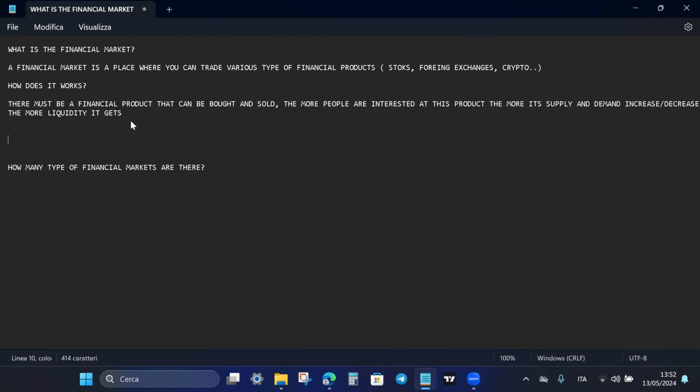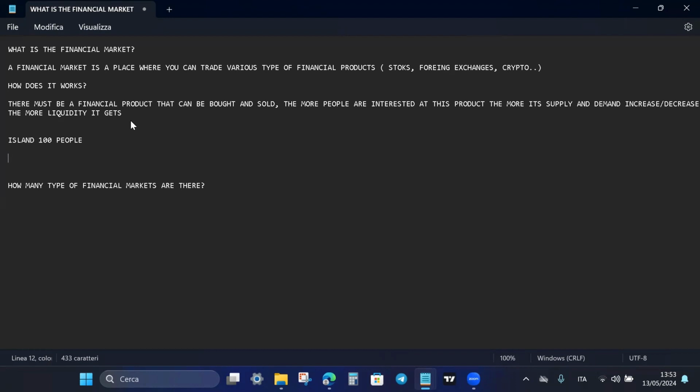The easiest example I can give to understand supply and demand is this: think about you're stuck on an island, okay? And on this island there are 100 people. We all need to survive, we need to eat, okay?